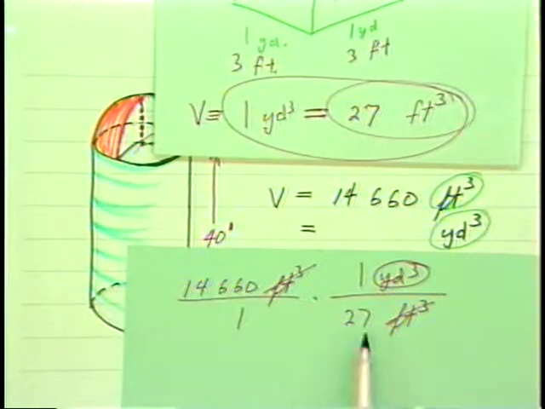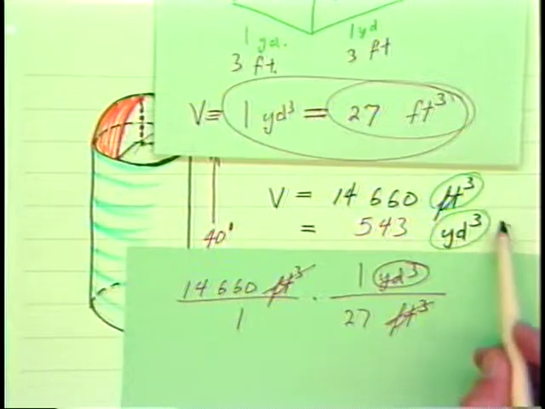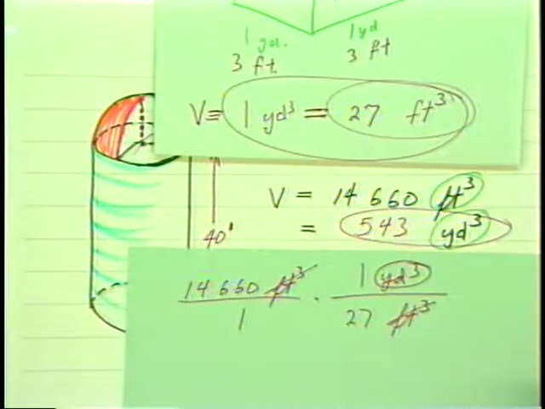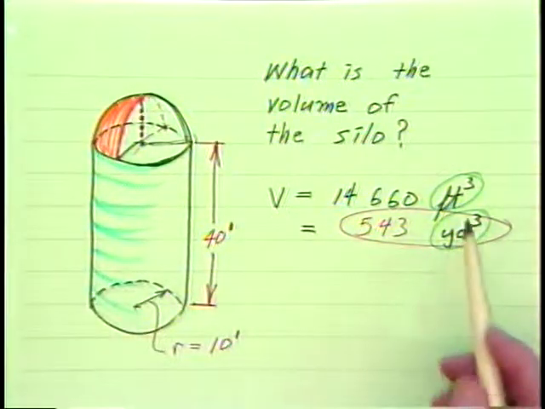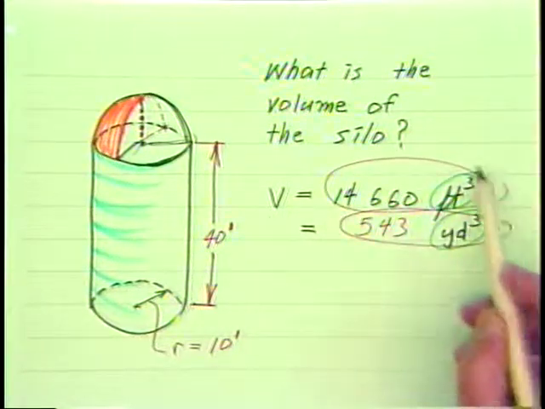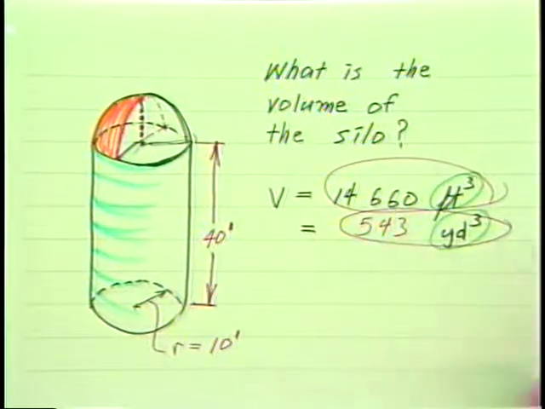So dividing this by 27, I get 543 cubic yards, which is the same volume as 14,660 cubic feet.